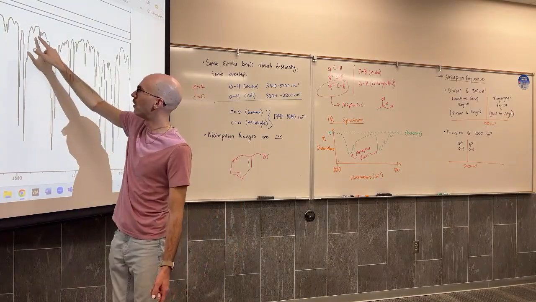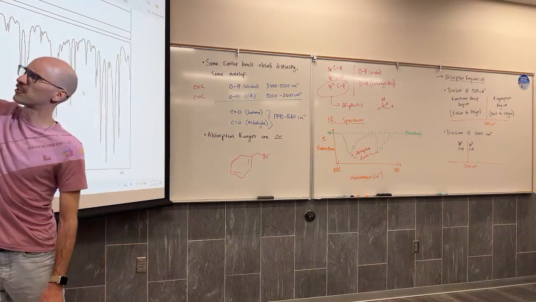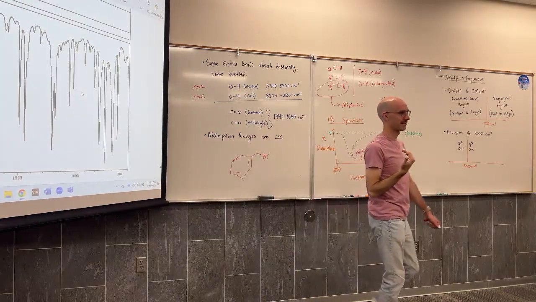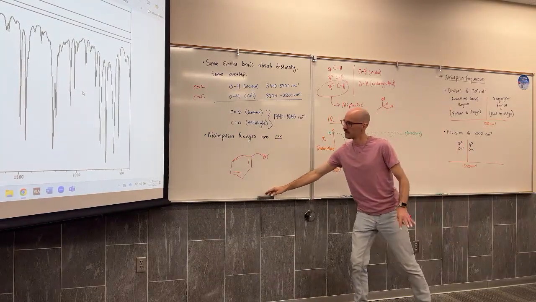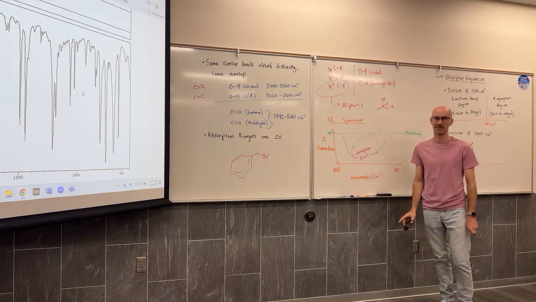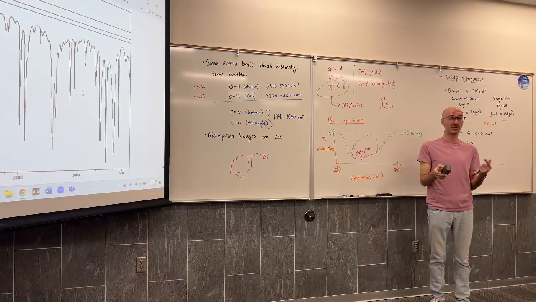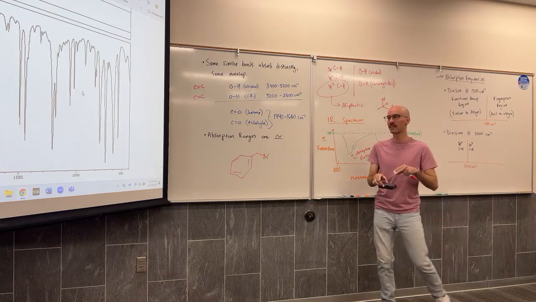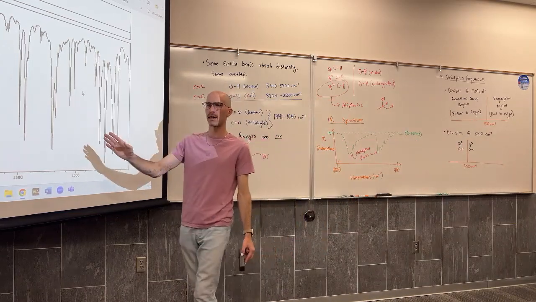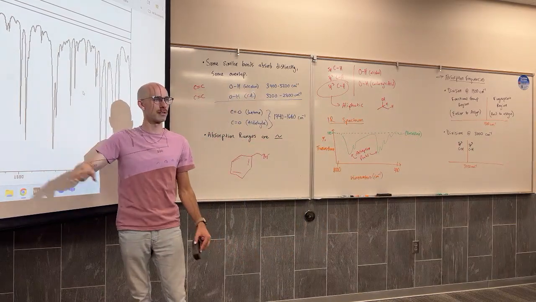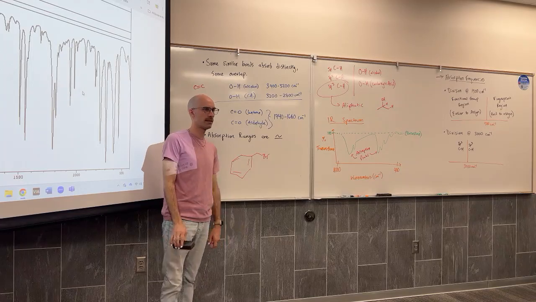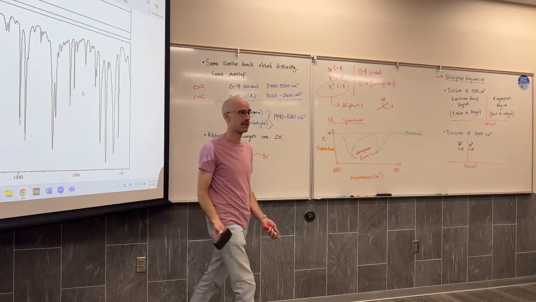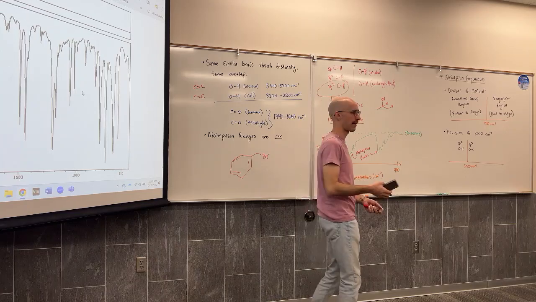And then also some other small things that we're not going to analyze. So that's where some more of this hand waviness comes in. I get to kind of pick and choose which signals I want to interpret. If I see a signal that makes me think, do I have a nitro group, but I know my chemical formula, no, I don't have a nitro group, I'm just not going to interpret it that way.